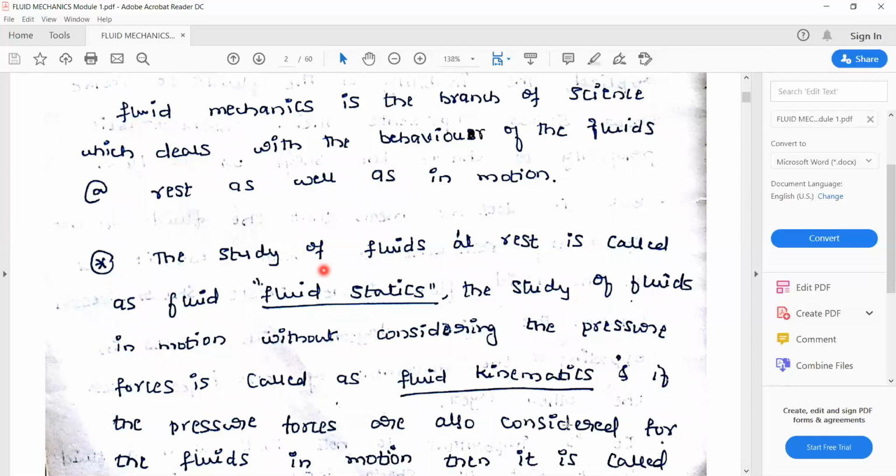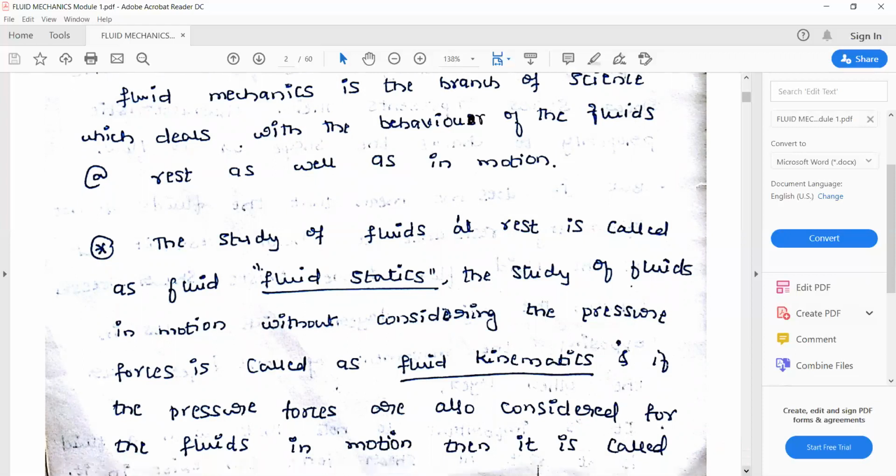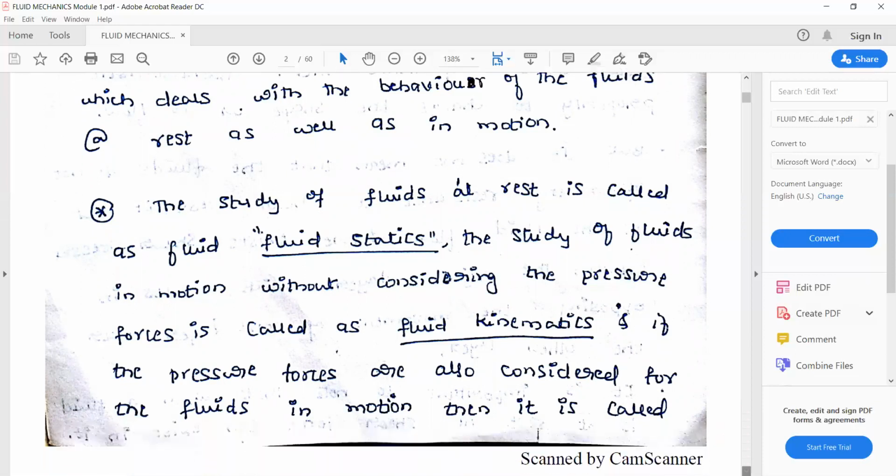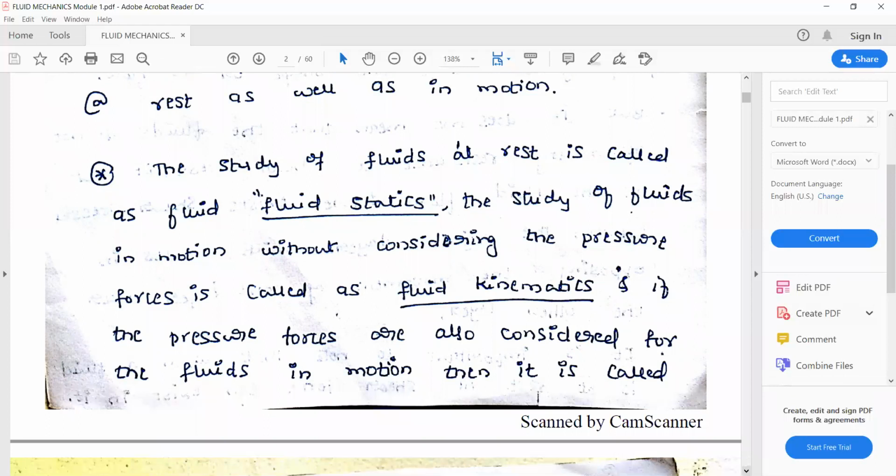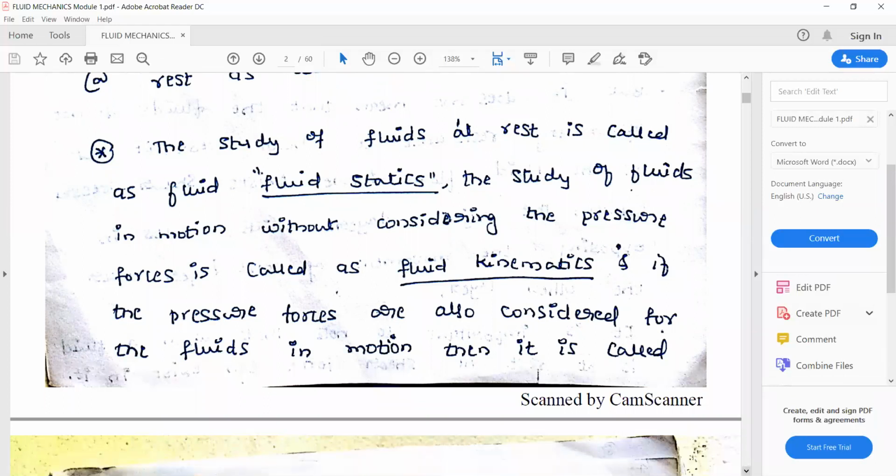Then what is fluid kinematics? In fluid kinematics, we study the behavior of the fluid when the fluid is in motion, but we will not consider the forces causing the motion. For example, you know that whenever the fluid flows from one point to another, it will not simply move. Because of a pressure difference only, it will move. All fluids move from a higher pressure region to a lower pressure region.